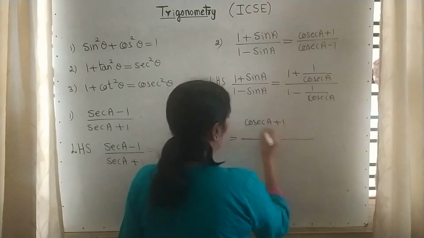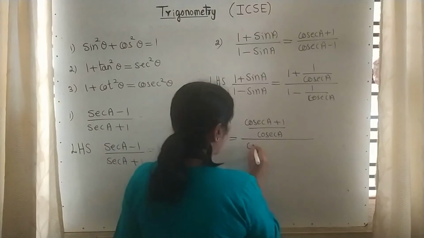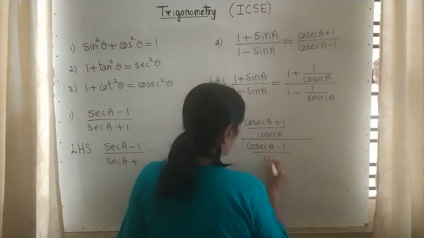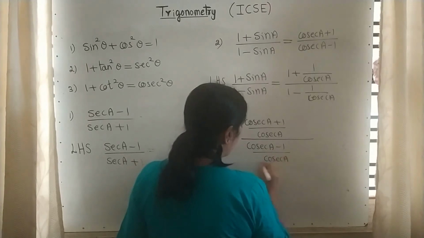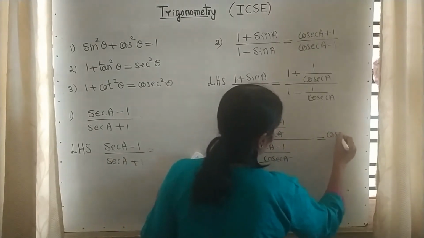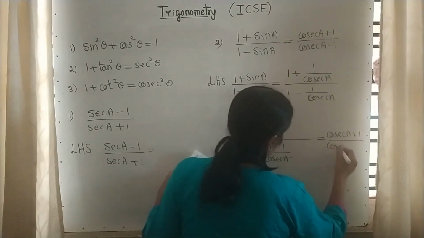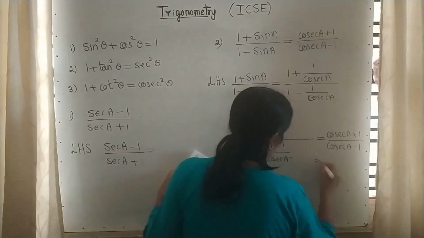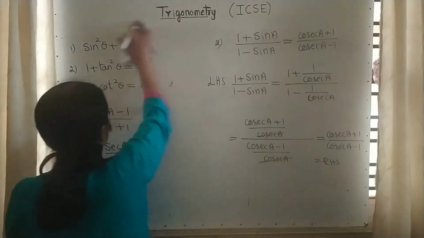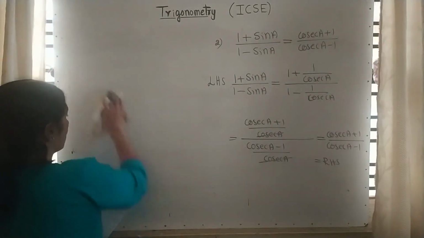Cosecant A plus 1 upon cosecant A, next cosecant A minus 1 upon cosecant A. This cosecant A gets cancelled. Cosecant A plus 1 upon cosecant A minus 1, that is RHS. Now I am moving to the next example.